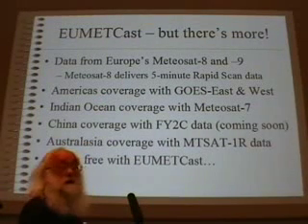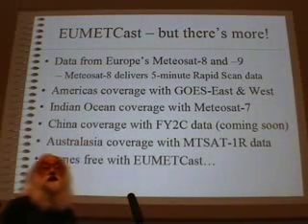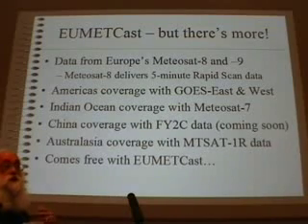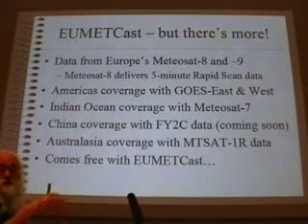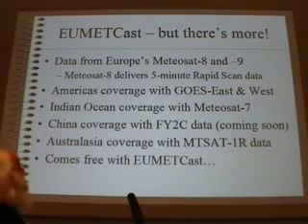But what EUMETSAT have done in buying this link through Hotbird, it gives them actually lots of bandwidth. So they're not able to put only the local data on. Data from American satellites once every hour goes east and goes west, covering roughly the east and west coast of the Americas.